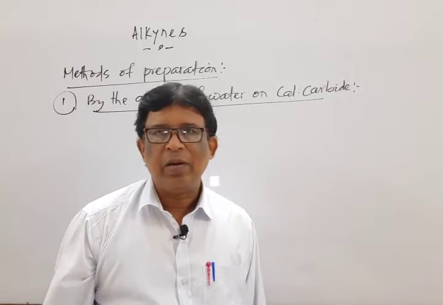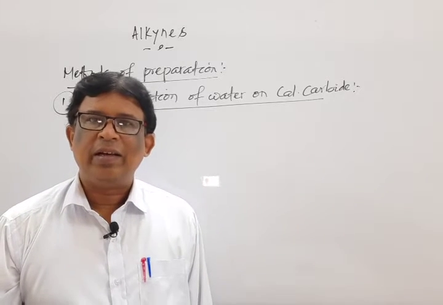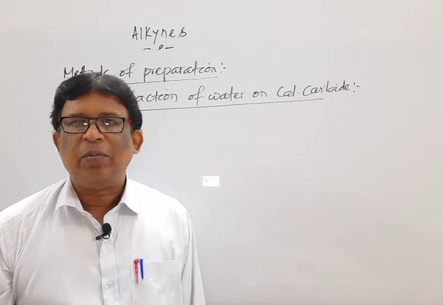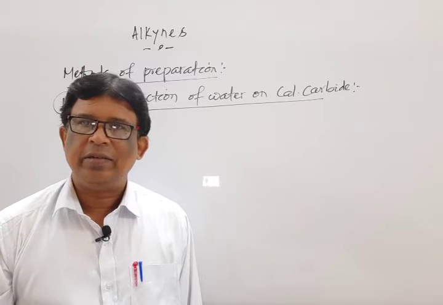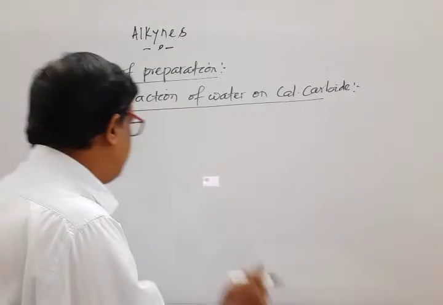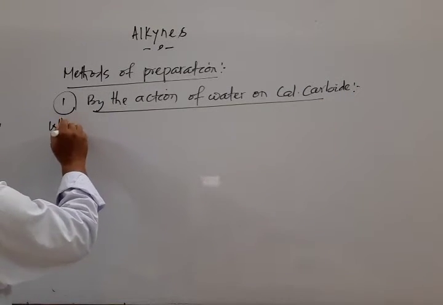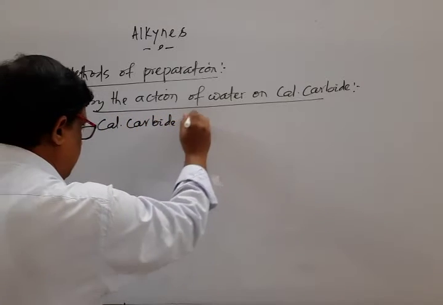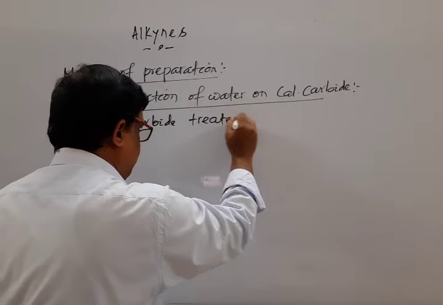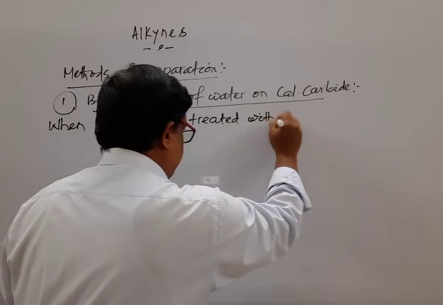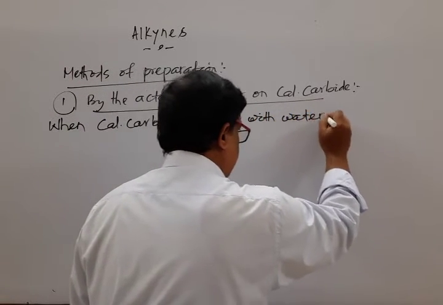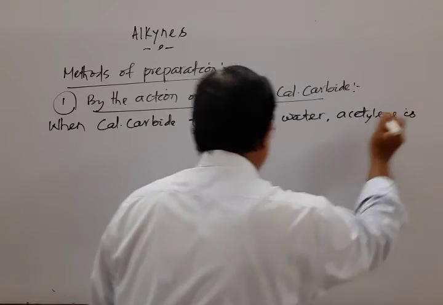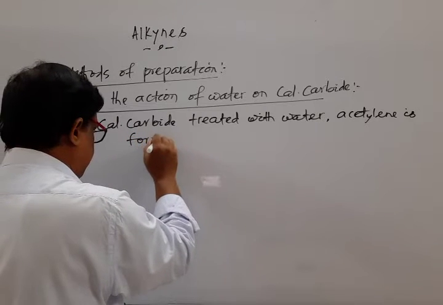Okay, what is the statement? When calcium carbide comes in contact with water, it reacts with water, resulting in the formation of acetylene. So first we write the statement, note down: when calcium carbide is treated with water, acetylene is formed.